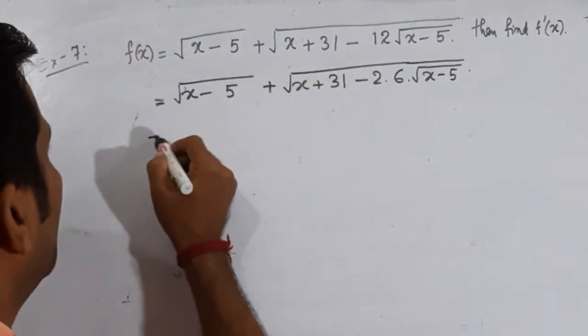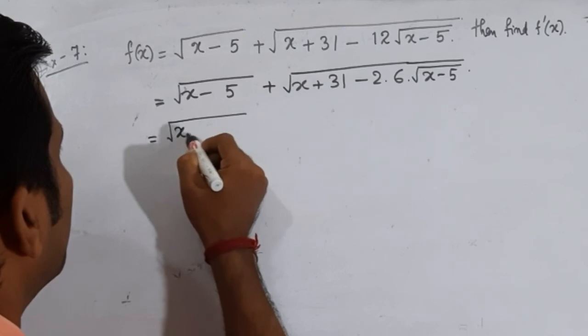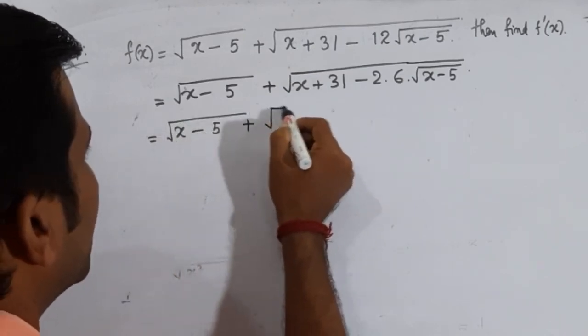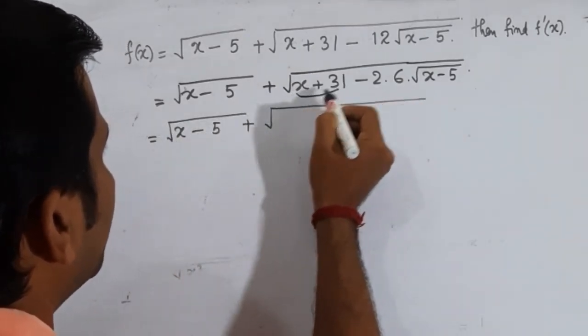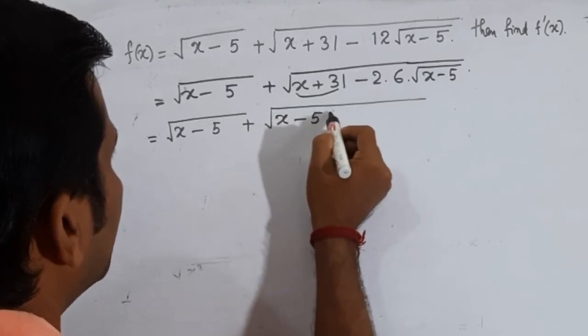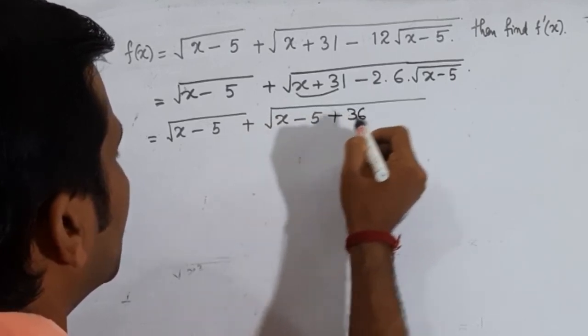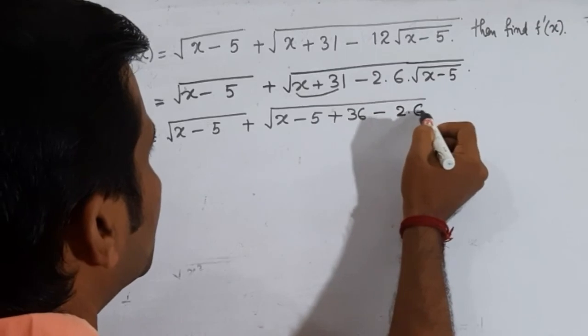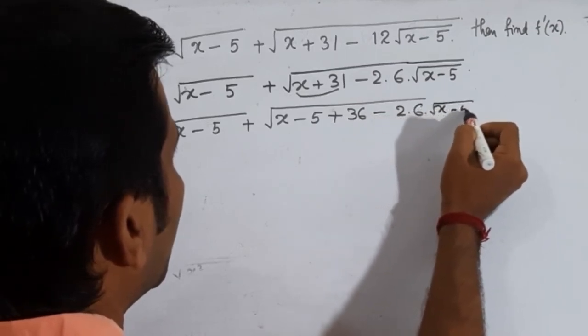Now you arrange this in this way. That means this can be written x minus 5 plus 36 minus 2 into 6 into root over x minus 5.